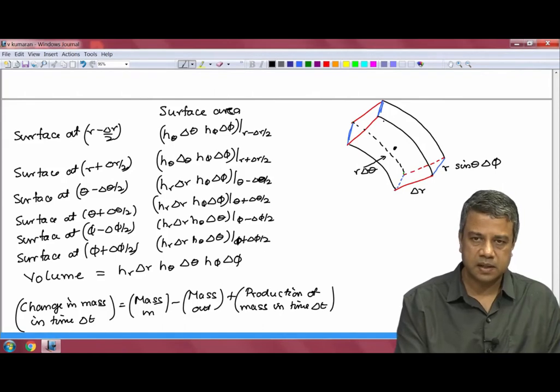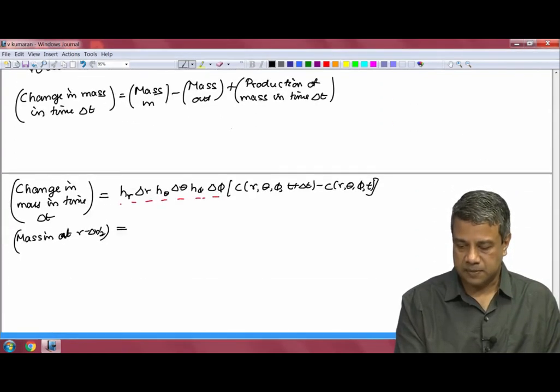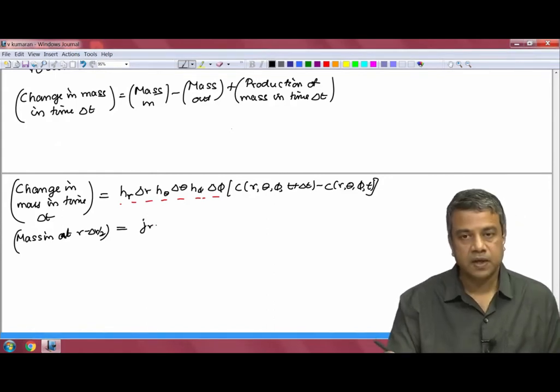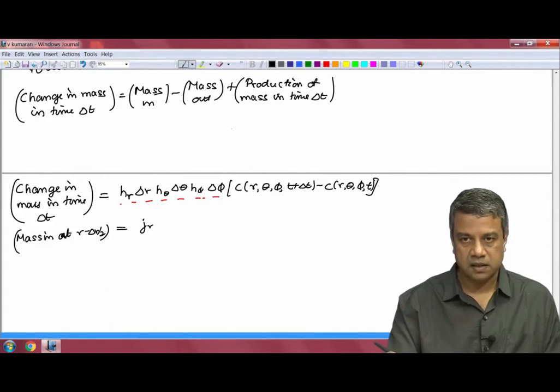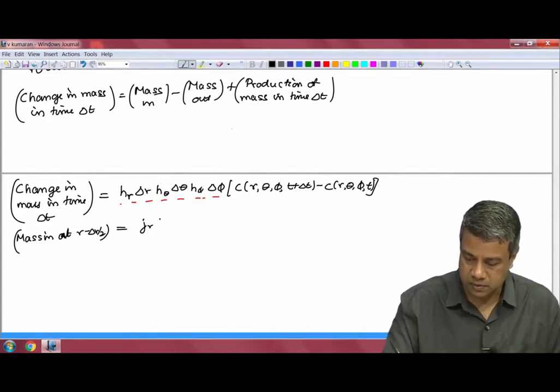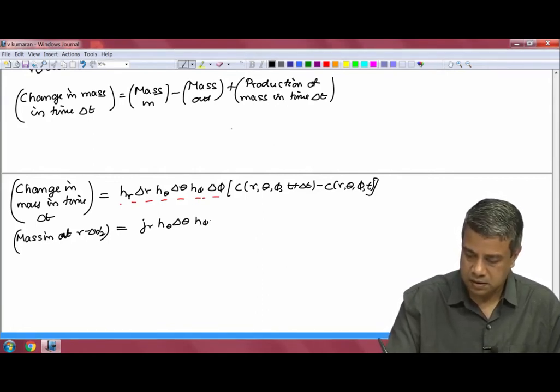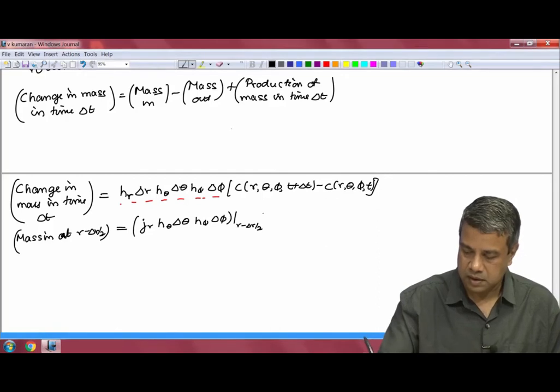The mass coming in within a time delta t is going to be equal to the flux times the surface area. The surface area of the surface at r minus delta r by 2 is going to be equal to the two perpendicular distances, the whole thing at r minus delta r by 2 times delta t.